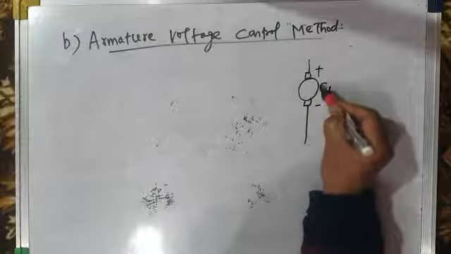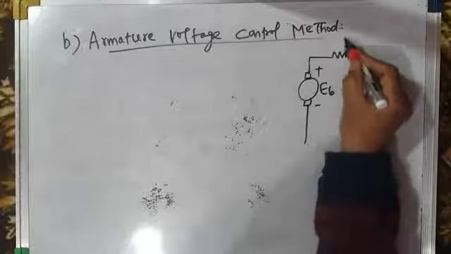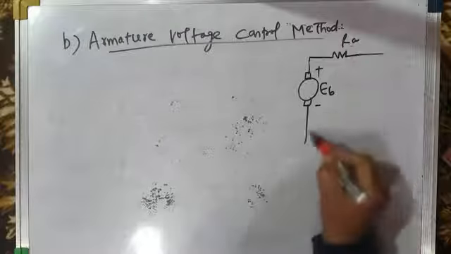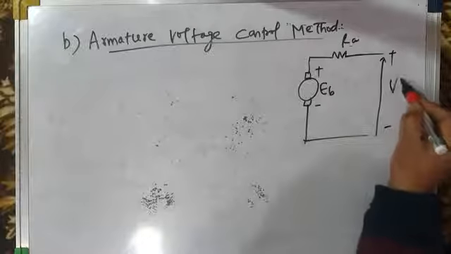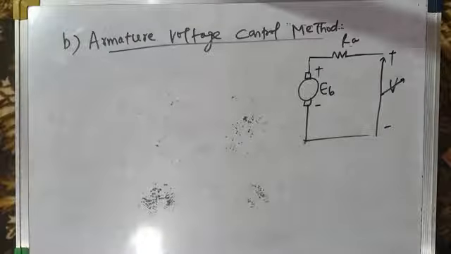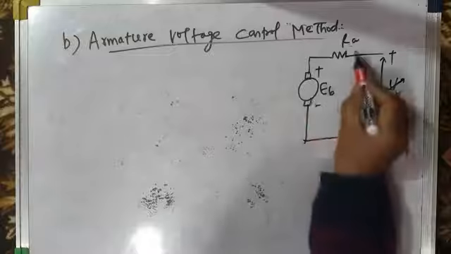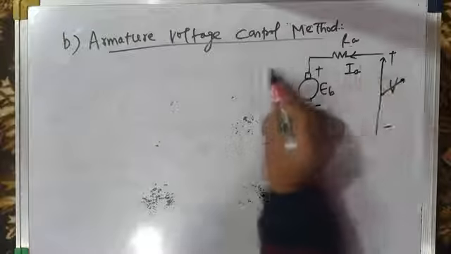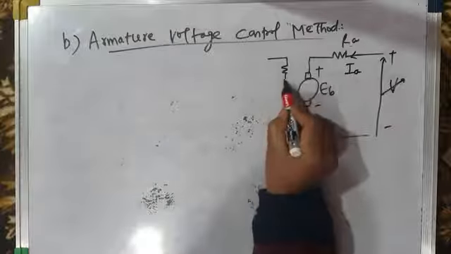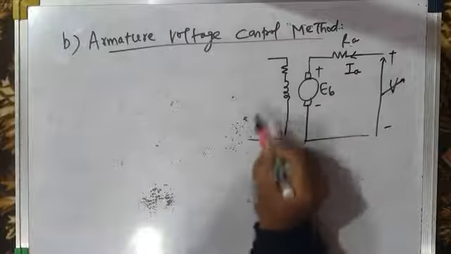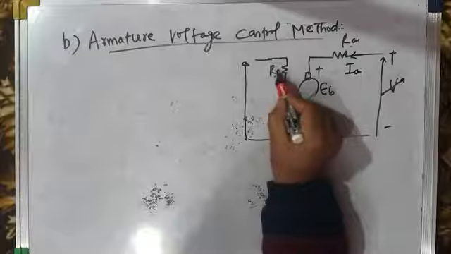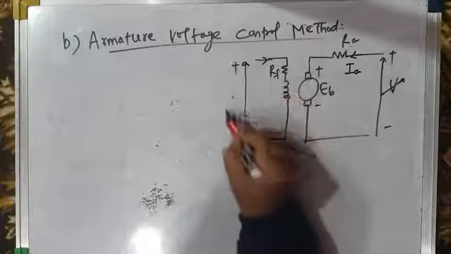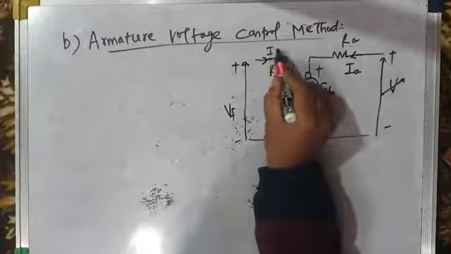See, this is the back EMF. This is the armature resistance, say Ra. And this is the applied voltage, V. Now this V is not fixed, it is variable. We change this applied voltage itself. This is the armature current Ia. This is the field current here. This is the field resistance Rf, this is the field voltage Vf, and the field current is If.